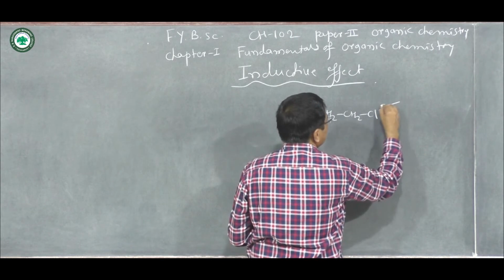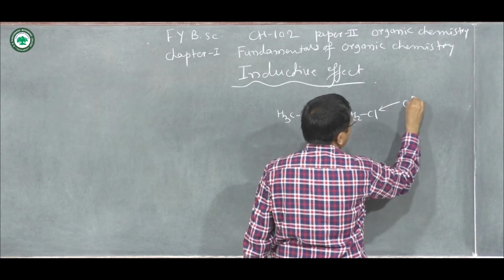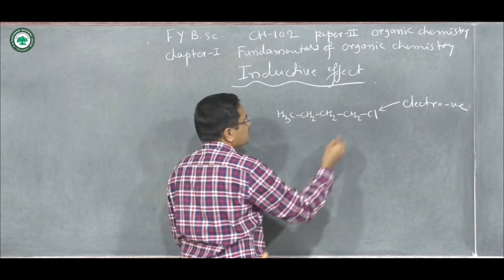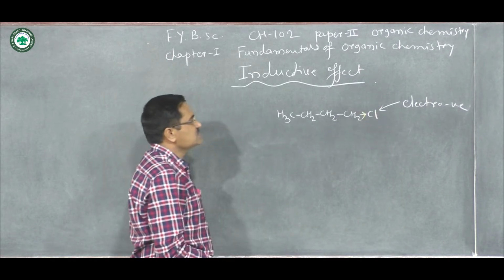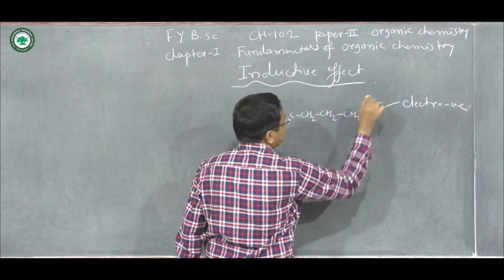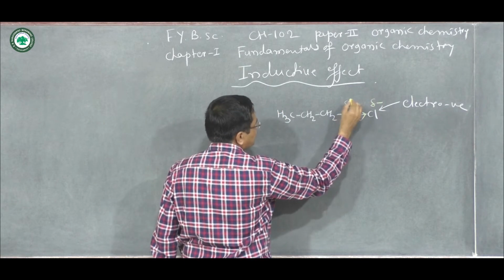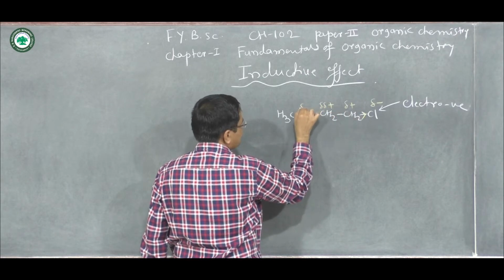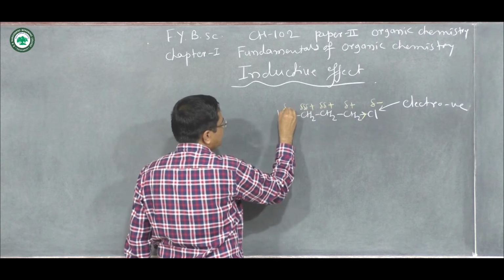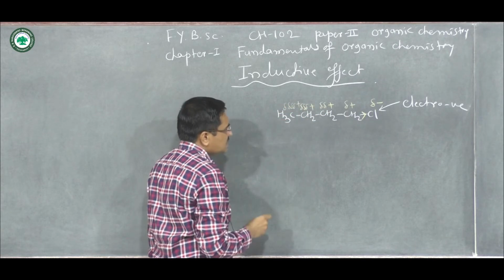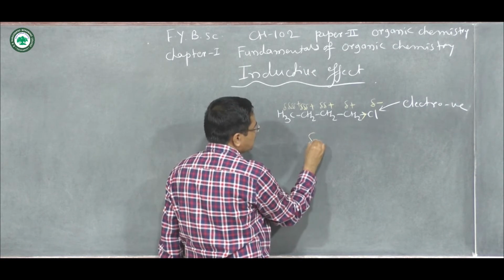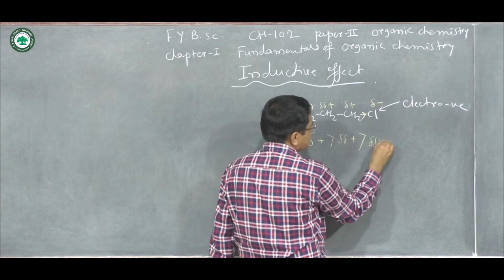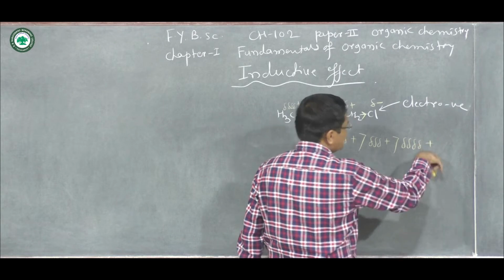This chlorine, it is electronegative, and hence it attracts the bond pair of electrons towards itself and carry partial negative charge, and this alpha carbon atom carry the partial positive charge, and here partial positive charge, and you must know the partial positive charge is greater than partial positive and partial positive.